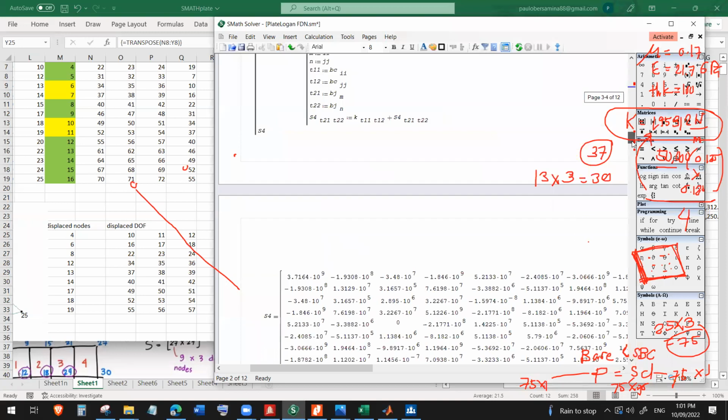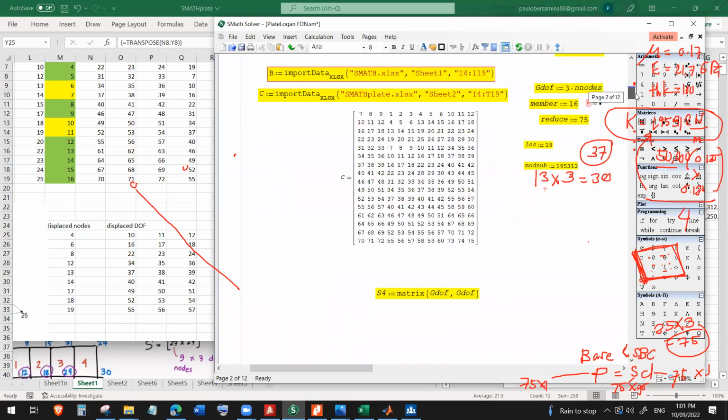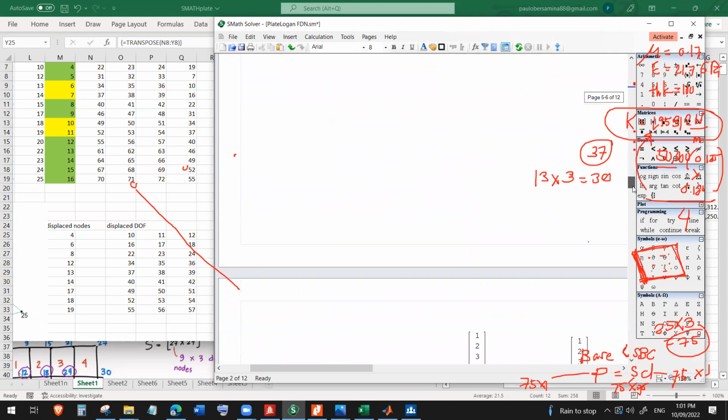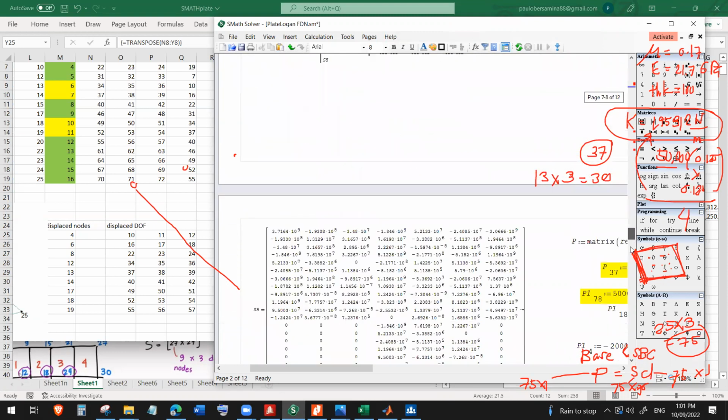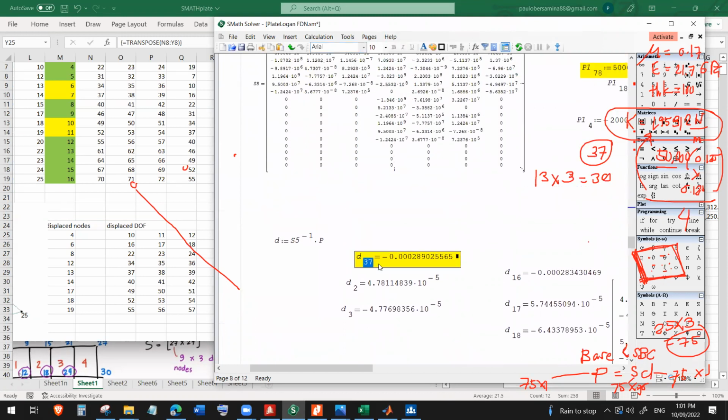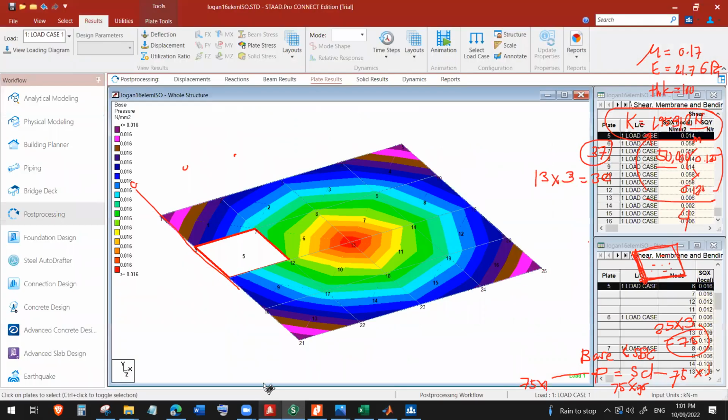And then also update the displacement here: what's the displacement at node 7 also?